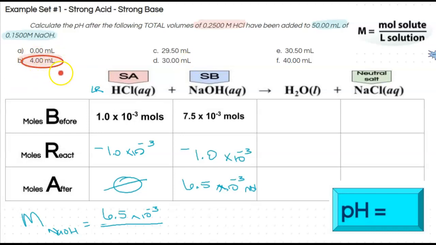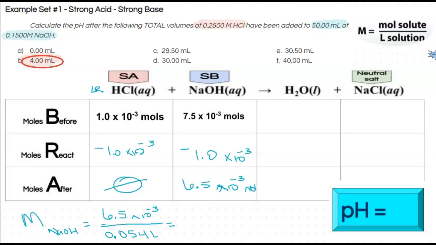So my total volume is 50 plus 4. So I have 54 milliliters. I will convert that into liters because it's the molarity equation. So 0.054 liters is going to be the total solution volume.